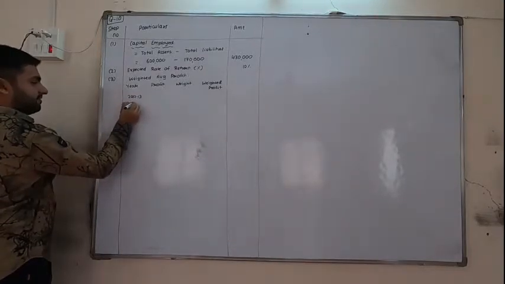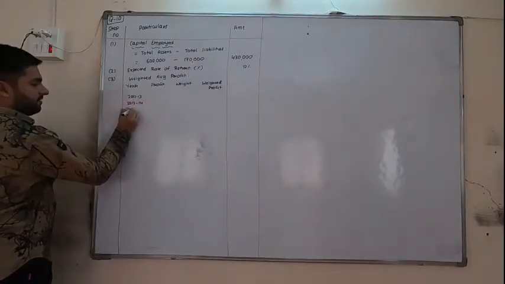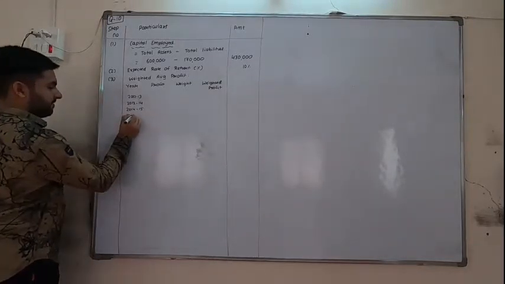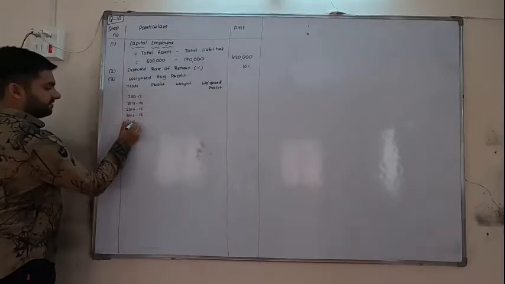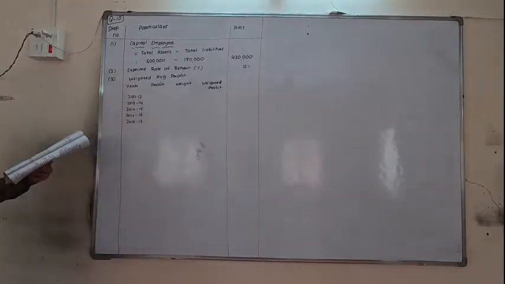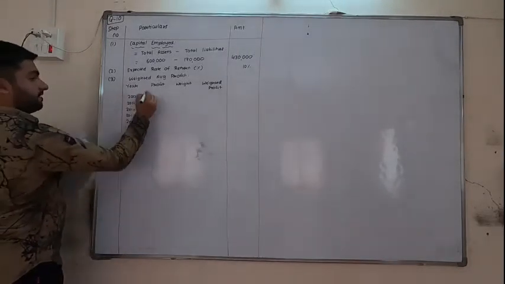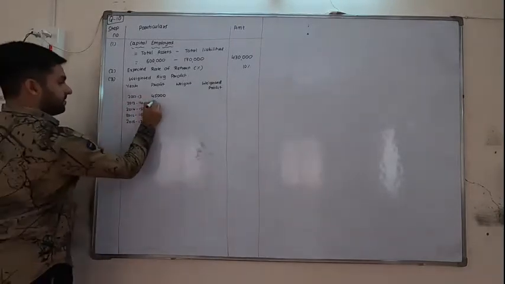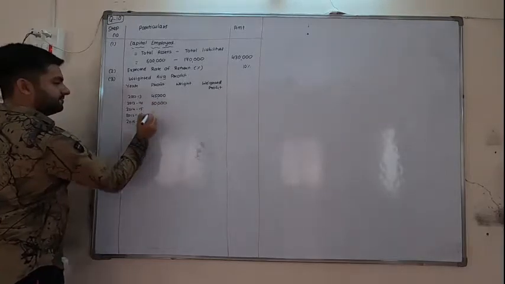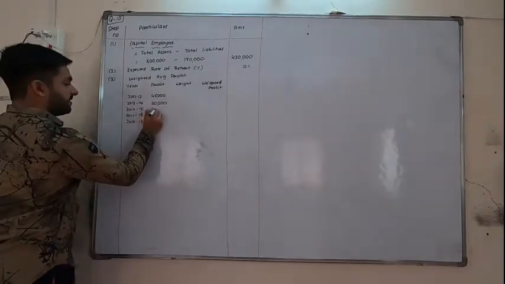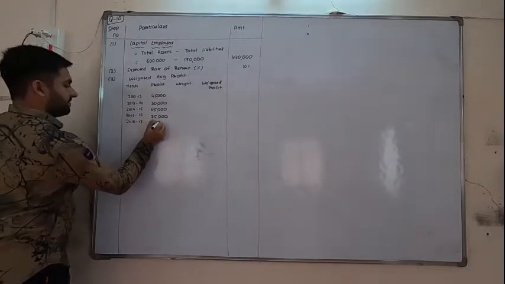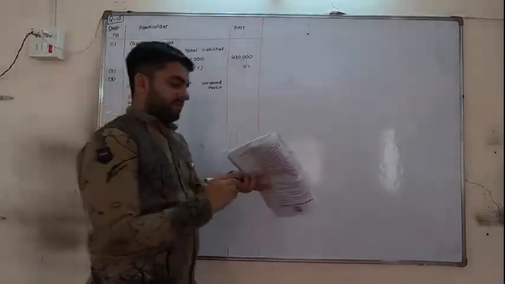The years are 12, 13, 14, 15, 16, 17, and the profits are 45,000, 50,000, 65,000, 75,000 and 90,000. First, let me draw the columns.